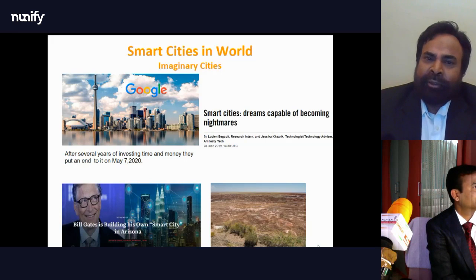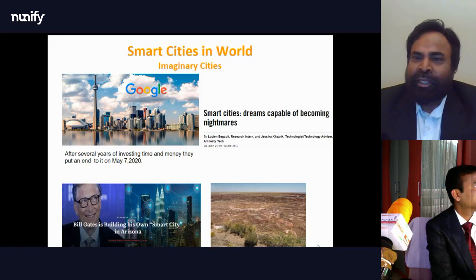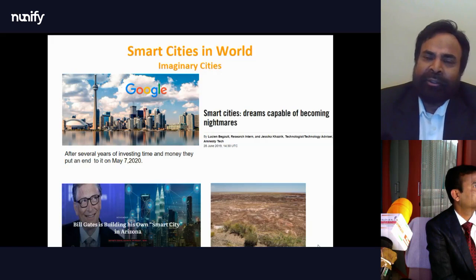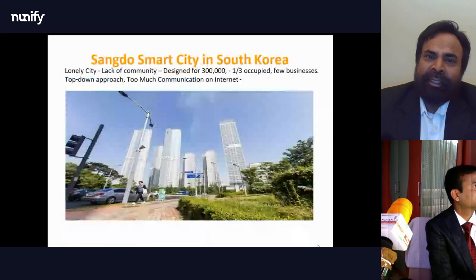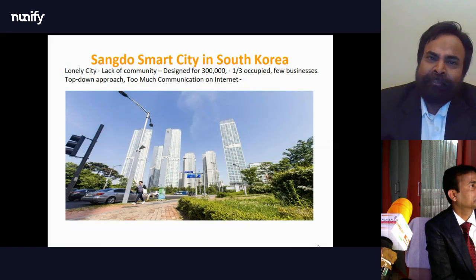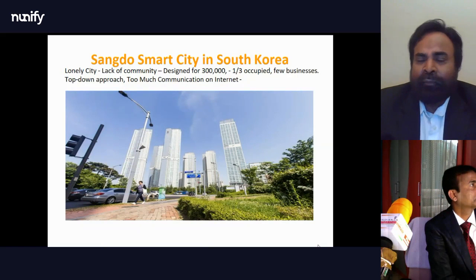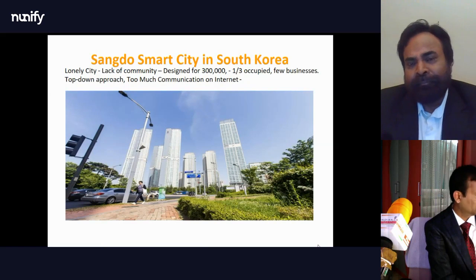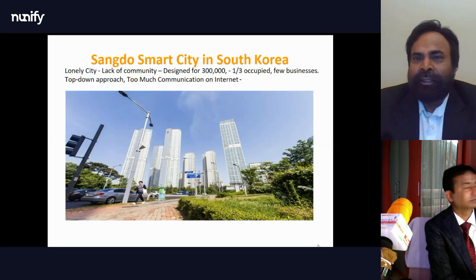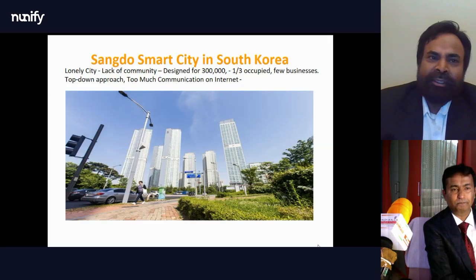There's a little caption there, smart cities, dreams capable of becoming nightmares. And many have. And here's Sangdo smart city in South Korea. It's called the lonely city because it lacks community. It's designed for 300,000 people, but only a third occupied and only a few businesses.